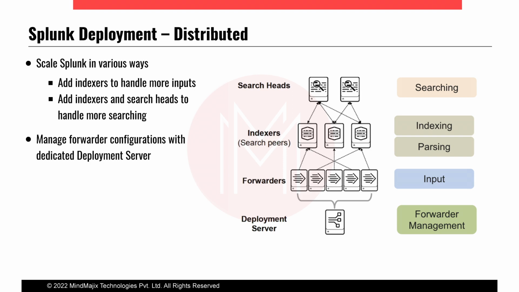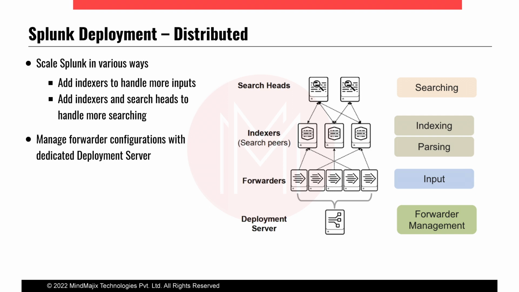The forwarding layer is responsible for the entire input of the data that is being ingested. The indexing layer is responsible for indexing and parsing, and for any transformation if required. Search heads are the instances where the end user interacts, and the searches can be created or run through the search heads.